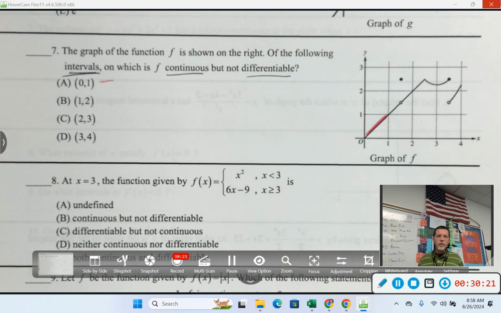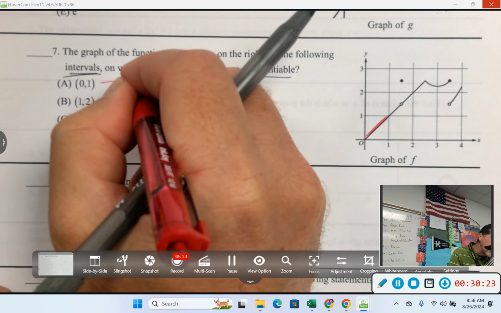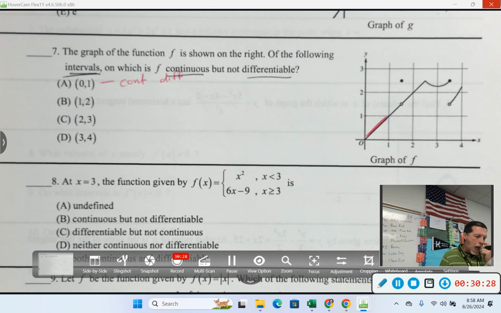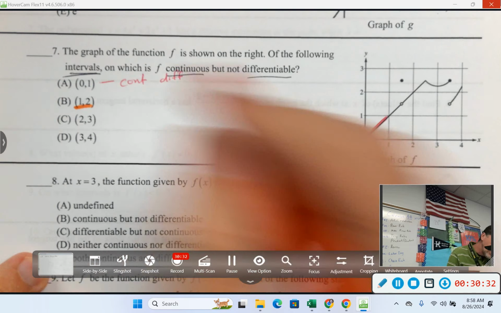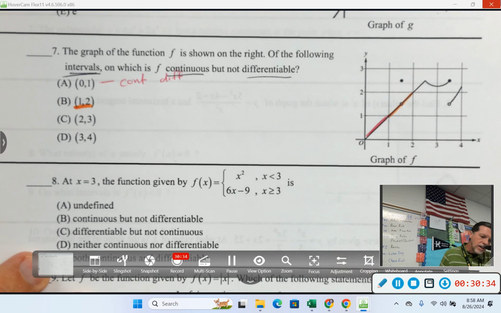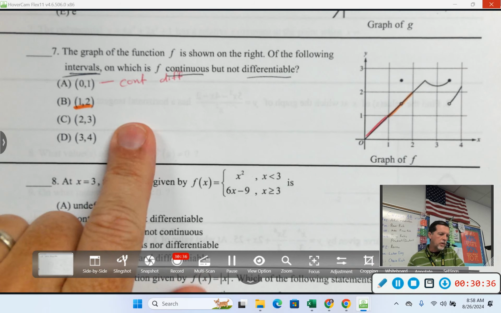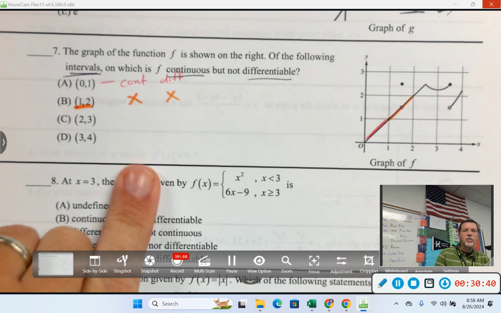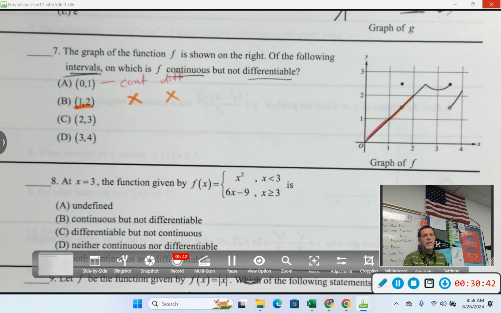There's nothing weird going on 0 to 1, so that is continuous and differentiable. From 1 to 2, there's a hole there, so it is not continuous, which means it's not differentiable. Yeah, if you're not continuous, you can't be differentiable.